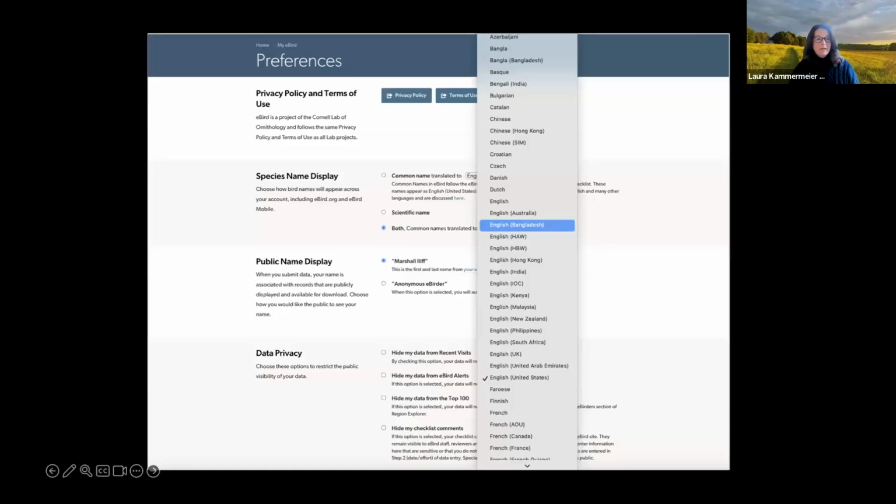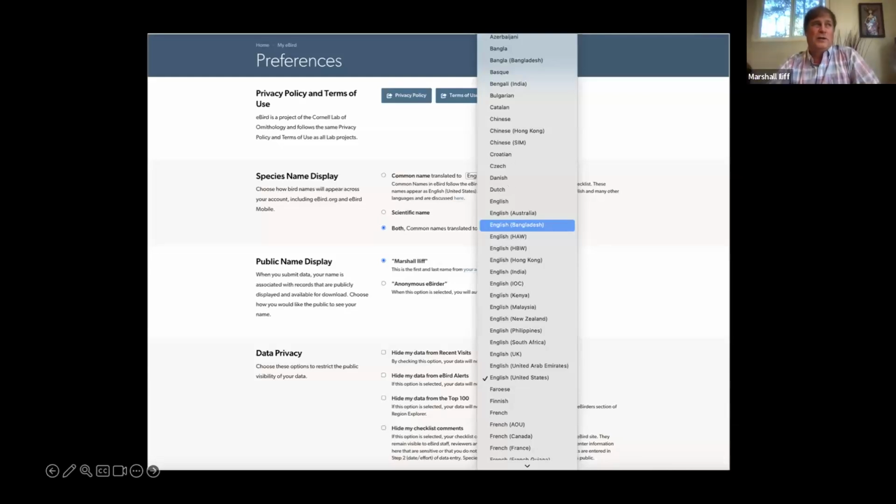Right. Thank you so much for pointing that out again. If you are not a user of eBird, but you do use Birds of the World, your account will allow you to make this change on the eBird site. So just go there, make that change, and then you have an eBird Cornell account whether you use eBird or not.